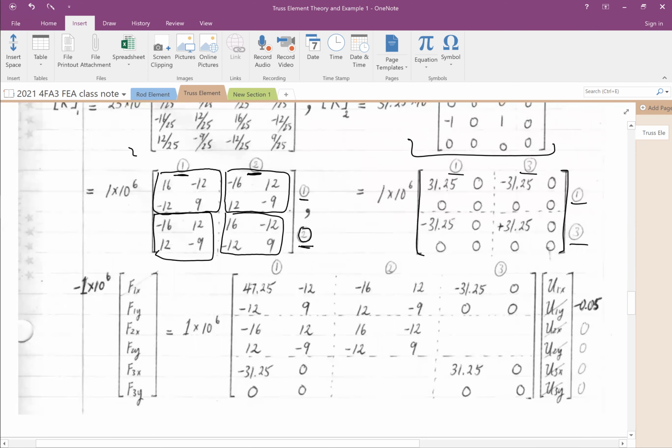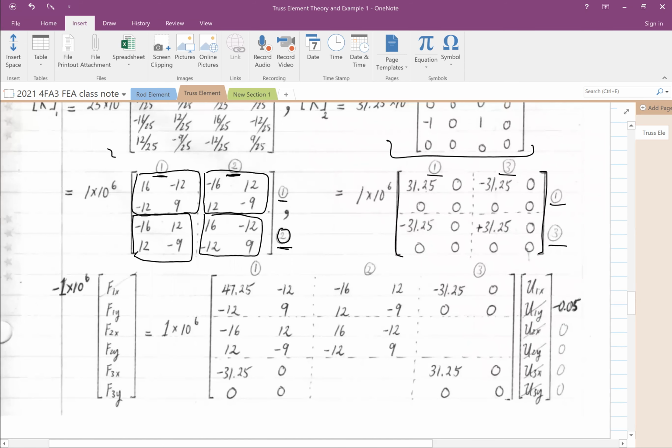The next step, we put both things together. We have 2 4x4 matrices. However, we share 3 nodes only, right? Each node moves in X and Y, so that's why the vector has 6 entries.